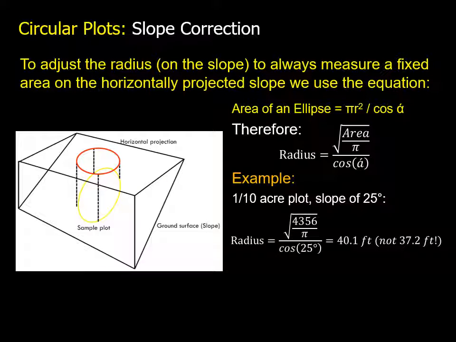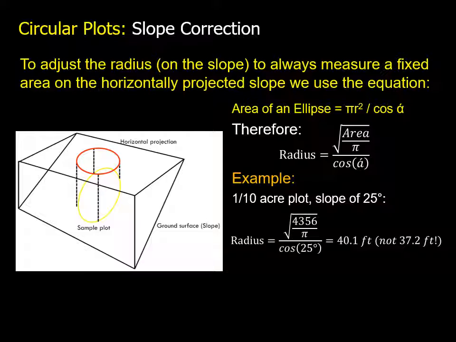So if we think about the effect of slope on a circle, this plot on a horizontal flat plane is a nice perfect circle. But if we project that down onto a sloping surface, this point hits first, and then it elongates that circle down the hill to produce an ellipse that we need to be able to account for in what it means for our inventory.